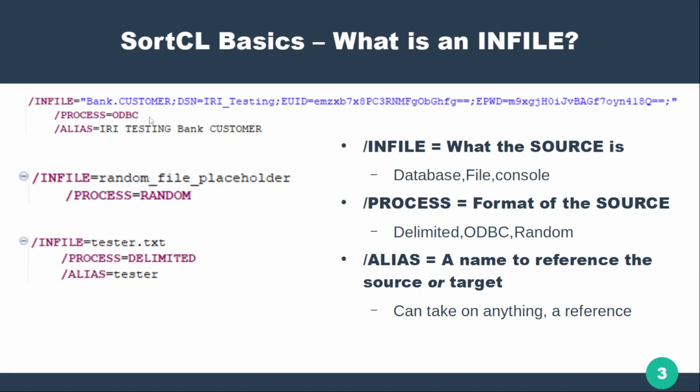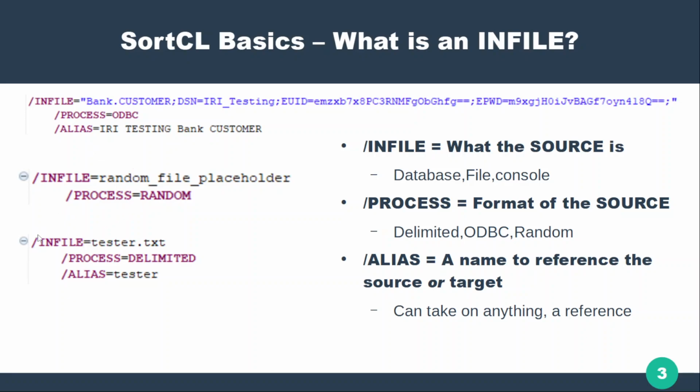So taking a look at the examples over here on the left-hand side, we have a /INFILE, which is taking in a bit of information from a database specifically. And when we look at the process here, it's going to correlate with that with a process equals ODBC, referencing that it is going to be a database source.